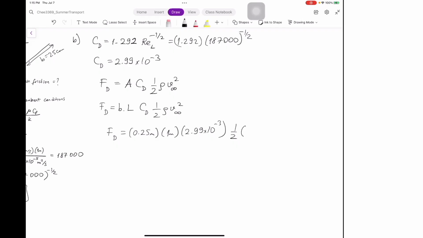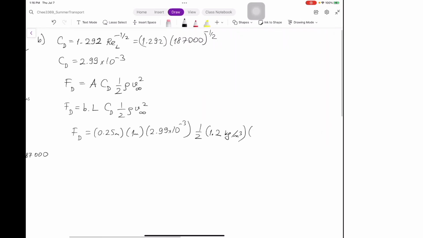Okay, it should be something like 1.2 kilograms per meter cube air density. V infinity is given, 2.8 meters per second.